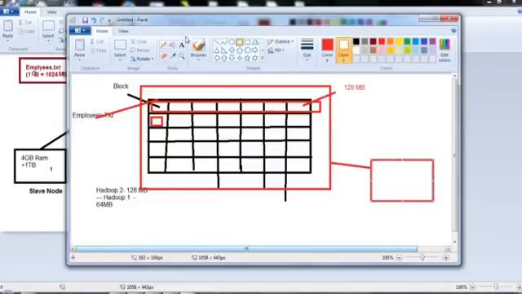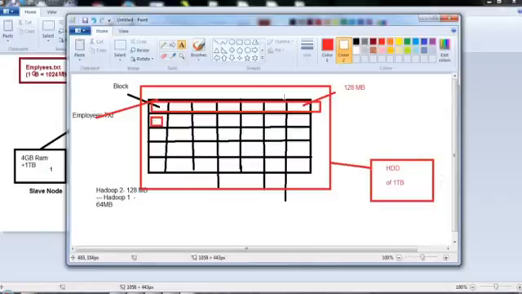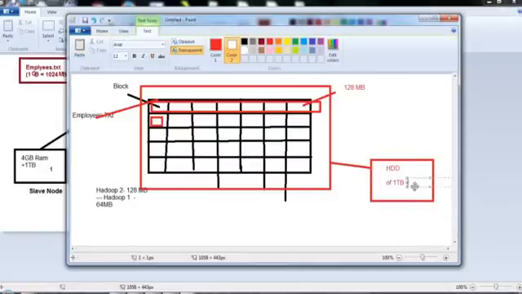This is your hard disk of 1 TB, and the hard disk is inside a node only, no? So let's say it is inside node 1.